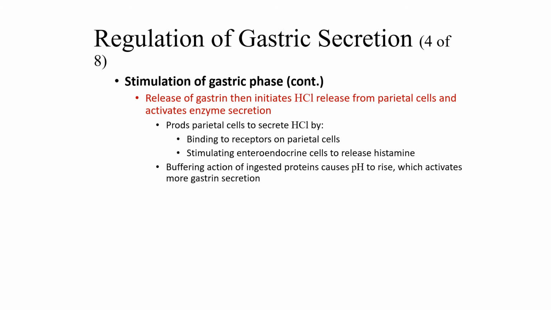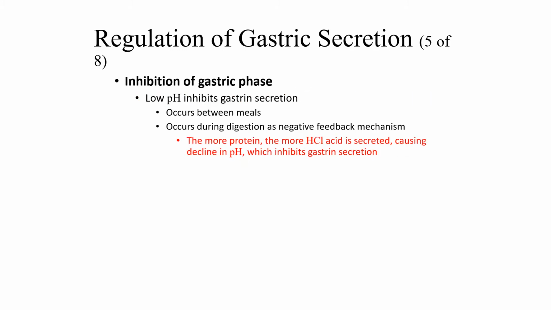the buffering action of the proteins. Remember, proteins are not as acidic as HCl, and so it's going to buffer the HCl, and that's going to activate even more gastrin secretion. So the sympathetic nervous system then is going to inhibit.